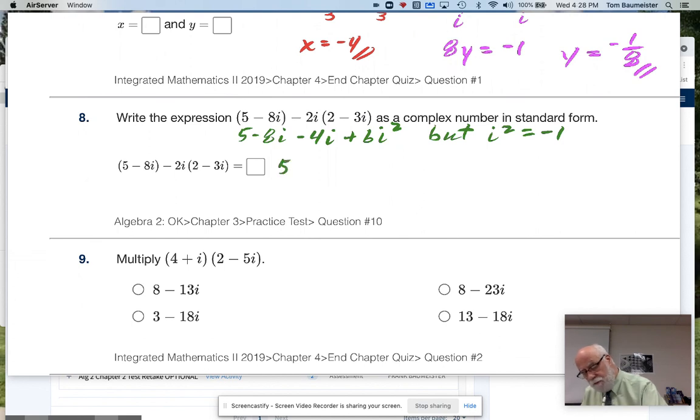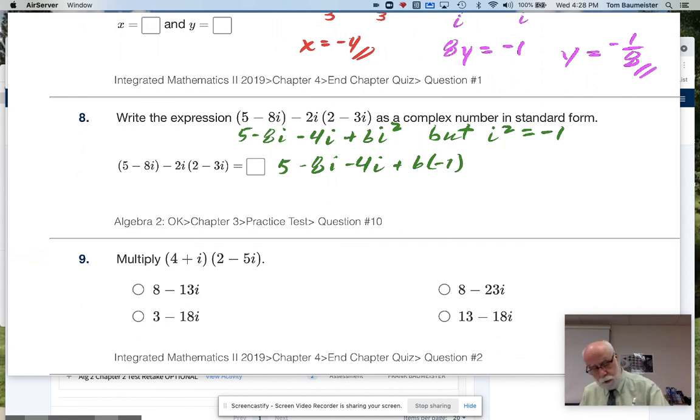But as we've talked about before, i squared is equal to negative 1. So we'll have 5 minus 8i minus 4i plus 6 times negative 1. Now that becomes a real number, so 6 times negative 1 is negative 6.